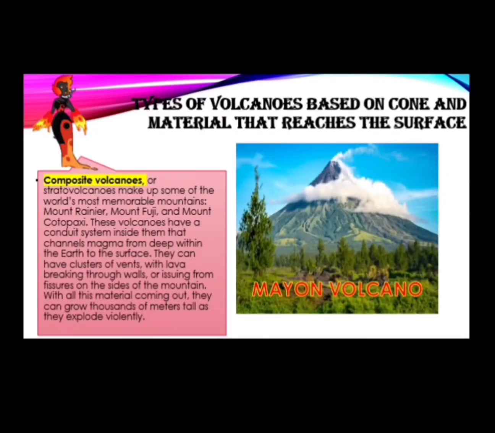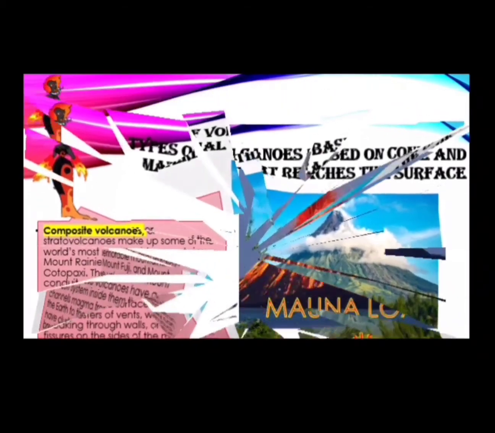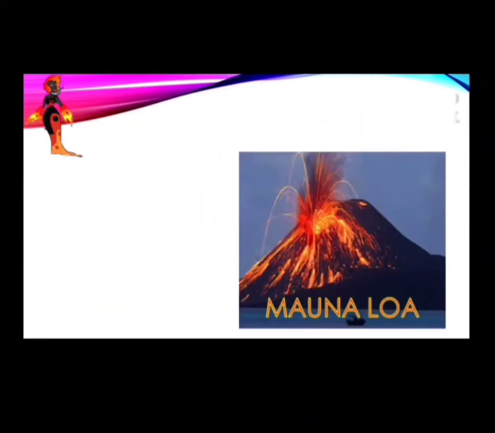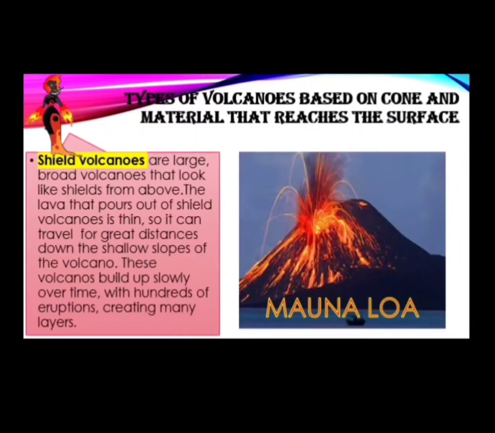An example is the Mayon volcano. And the shield volcanoes are large, broad volcanoes that look like shields from above. The lava that pours out of a shield volcano is thin, so it can travel for great distances down the shallow slopes of the volcano. An example is the Mauna Loa in Hawaii.